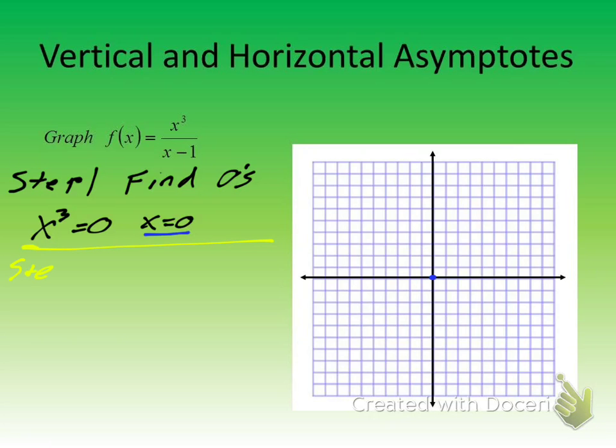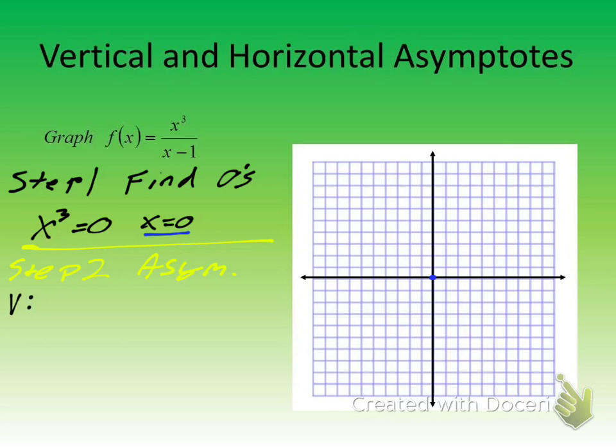Can you see that? Okay, let's do your vertical asymptote first. Vertical asymptotes come from where? Vertical asymptotes come from last lesson. Think about it. The denominator.